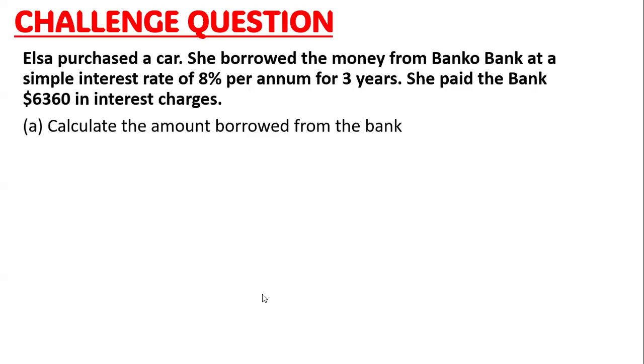Read part A. Calculate the amount borrowed from the bank. Very good. And Shamaya, can you read this question as well? Elsa purchased a car. She borrowed the money from Banco Bank at a simple interest rate of 8% per annum for 3 years. She paid the bank $6,360 in interest charges. Calculate the amount borrowed from the bank. Very good.